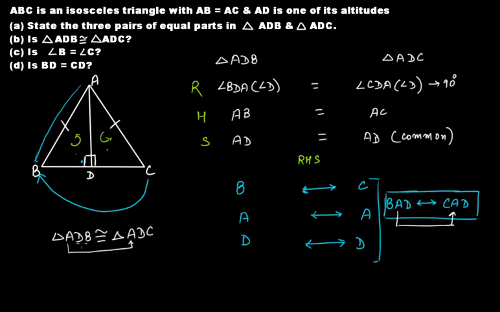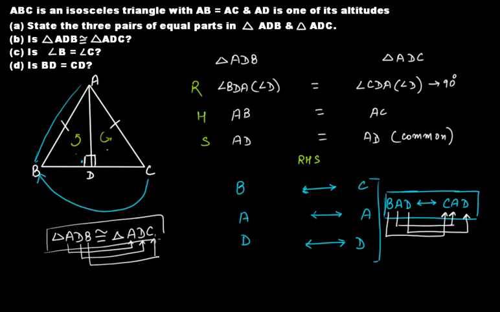Then it is D, so D and D are in correspondence. Yes, it's true. Then B and C are in correspondence. Yes, true. This is correct, because it's fulfilling the correspondence.